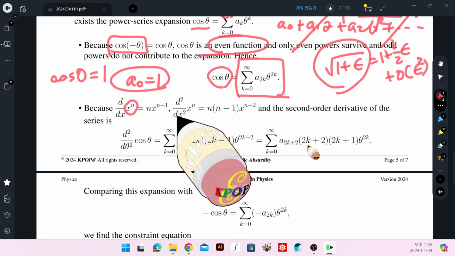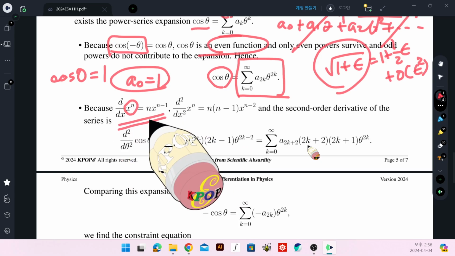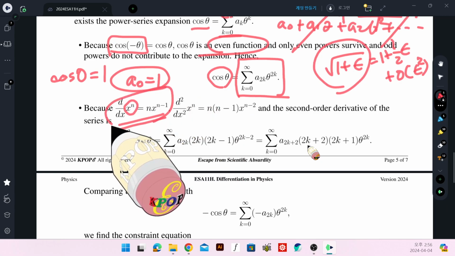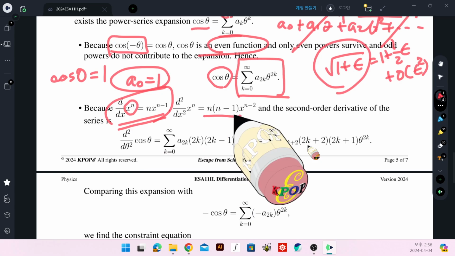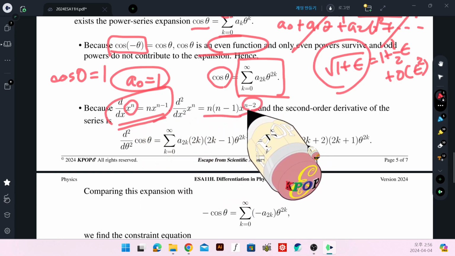What about the second order derivative? That is obtained by applying this formula twice. As a result, we have n times n minus 1, and then the power is decreased by 2.